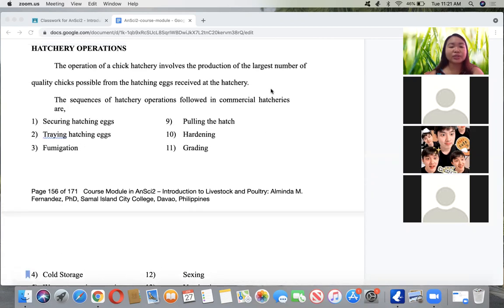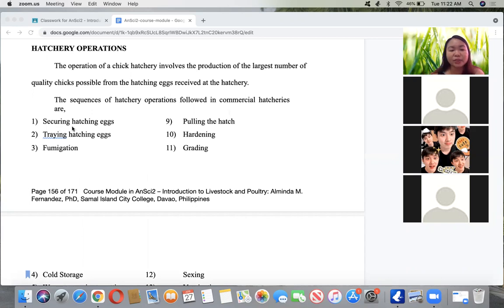So again, the hatchery operations of the chick involve the production of the largest number of quality chicks possible from the hatching eggs received at the hatchery. So the commercial hatcheries actually follow these different sequences.